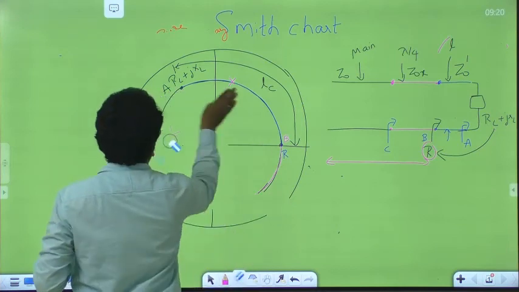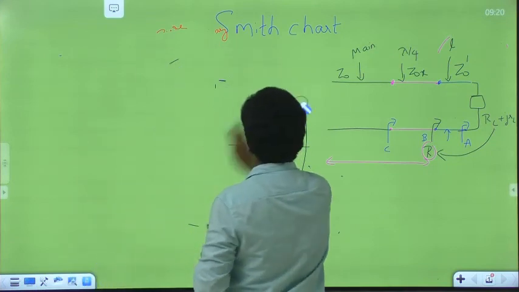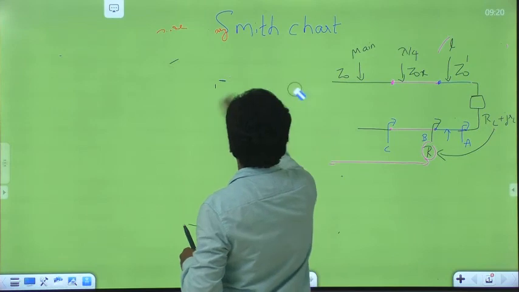Now we see the single step matching technique for impedance matching purpose.